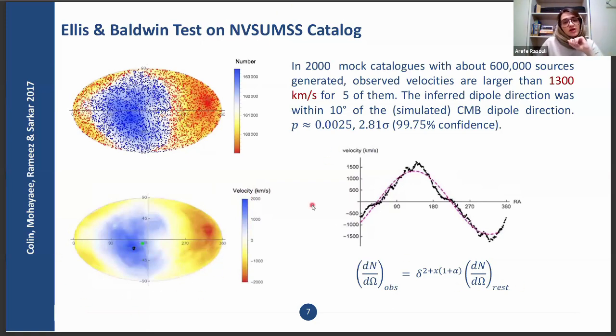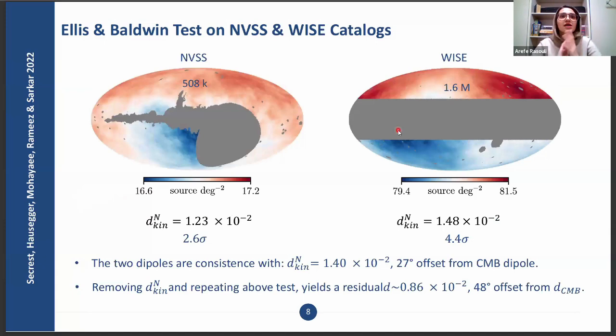Their result shows a velocity about 3 to 4 times larger than expected, with a 2.81 sigma deviation from the CMB dipole, which is a big tension. And later in 2021, Secrest and colleagues refined the estimators and applied the Ellis-Baldwin test to the NVSS catalog of radio galaxies and the WISE catalog of quasars. They found these kinematic dipoles for each of them.